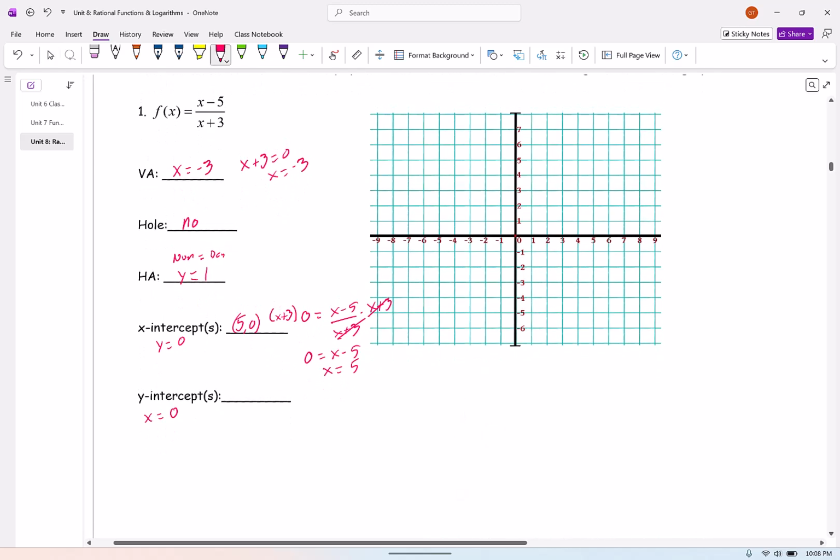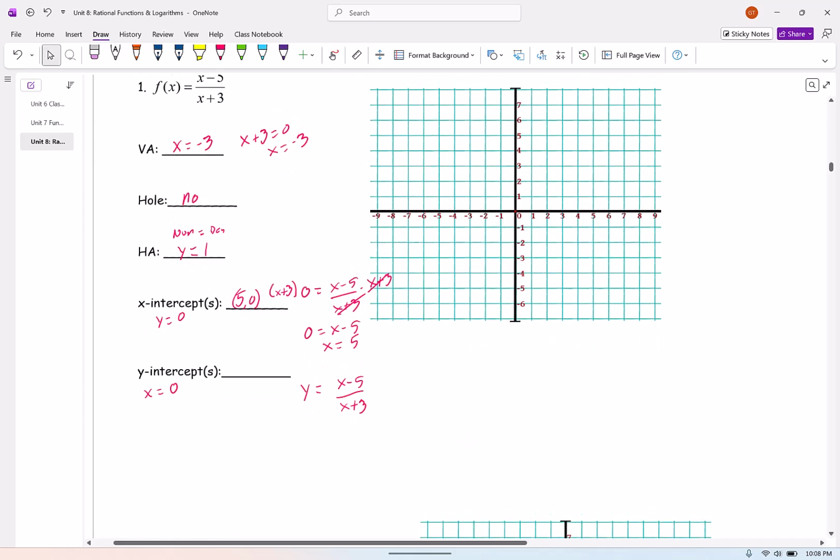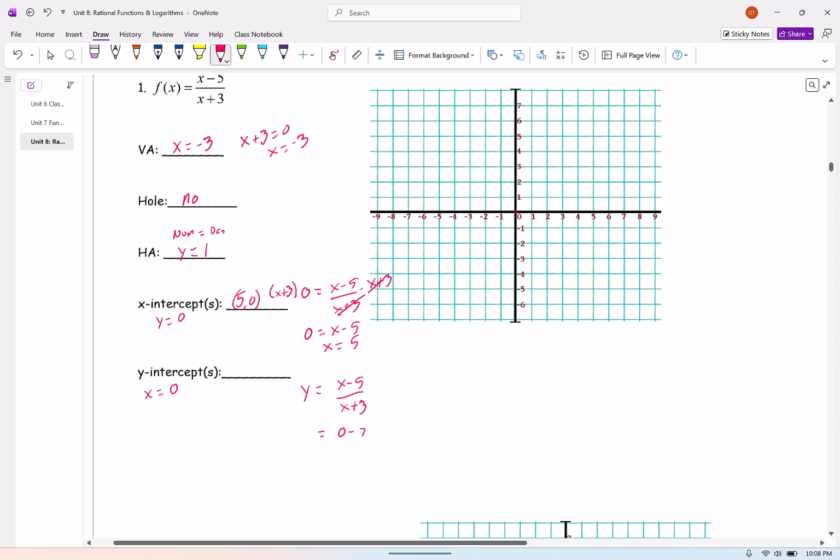So if I have y equals x minus 5 over x plus 3, and I plug in 0 for x, I'll have 0 minus 5 over 0 plus 3, and that's going to equal negative 5 thirds. So my coordinate will be 0, negative 5 thirds.